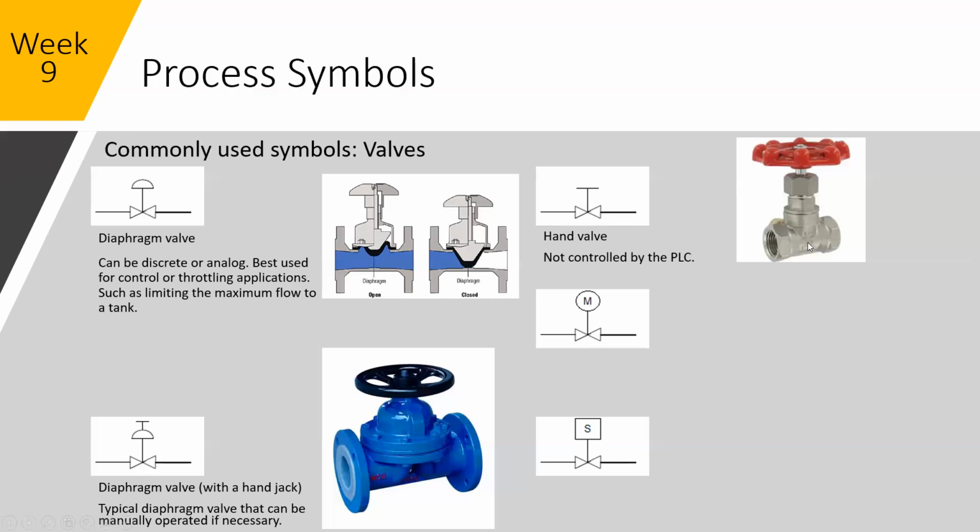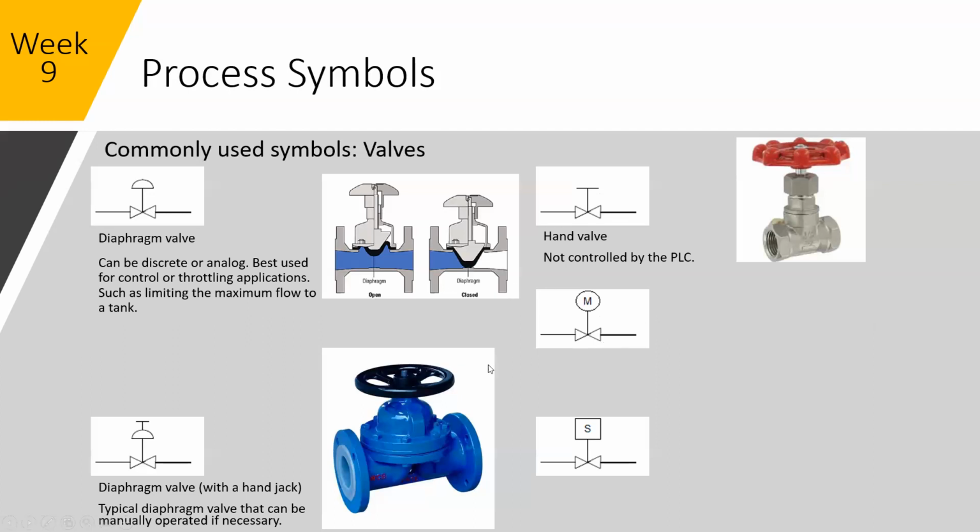Sometimes these symbols aren't used, or they're used interchangeably and sometimes incorrectly. So just because the hand valve is shown to be a hand valve doesn't mean it's going to have this top on it. Did that make sense? Like I'm rambling. Did that not make sense?